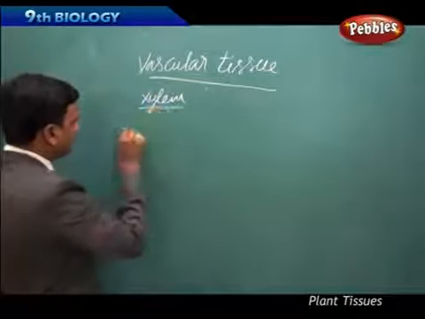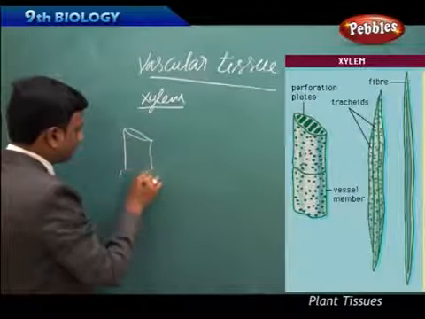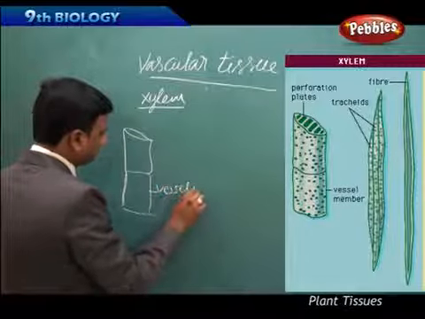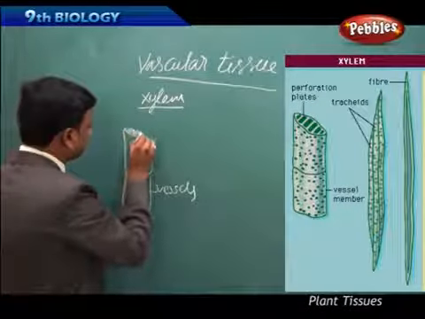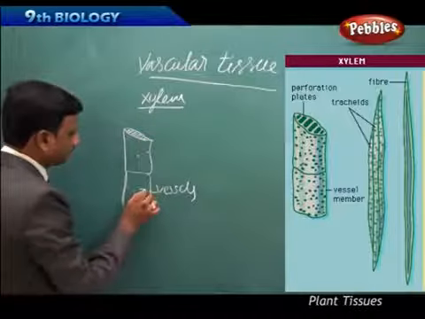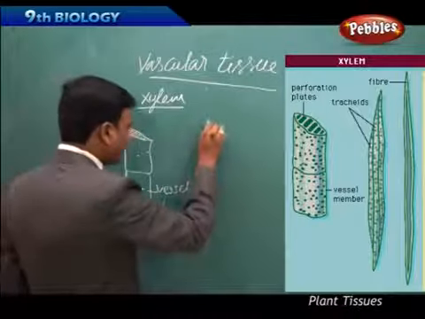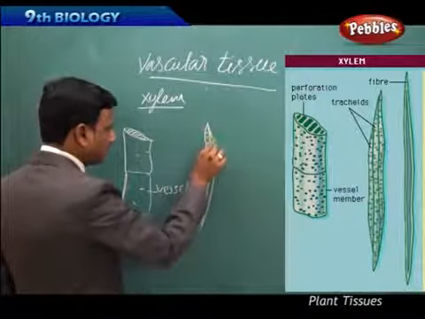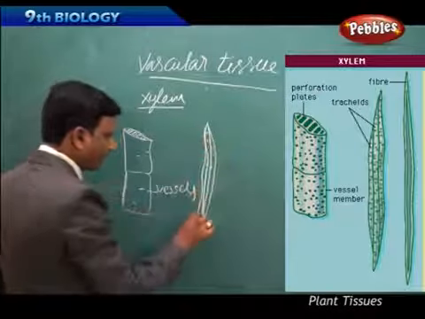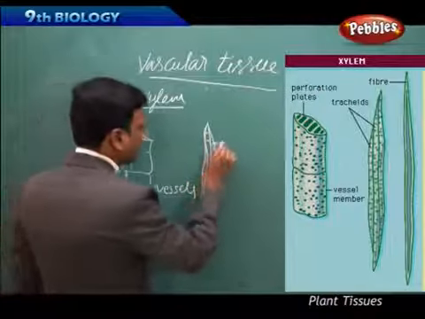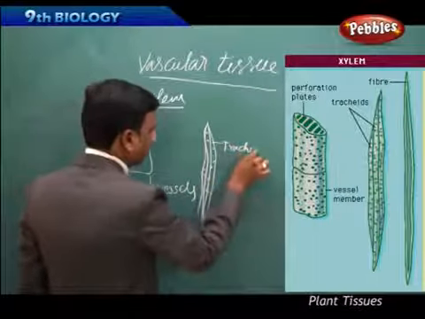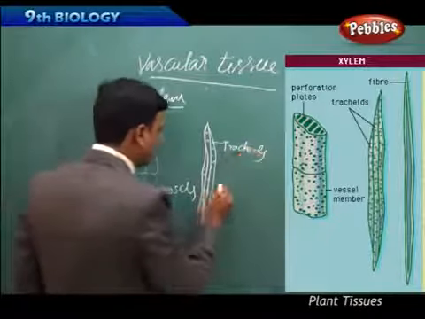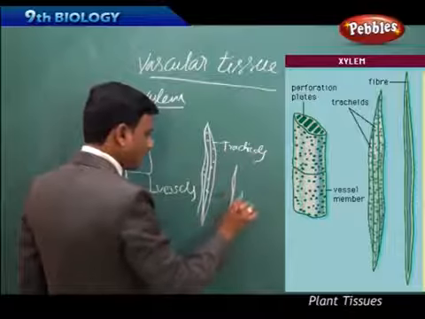The xylem tissue has vessels, and elongated cells called tracheids, and fibers.